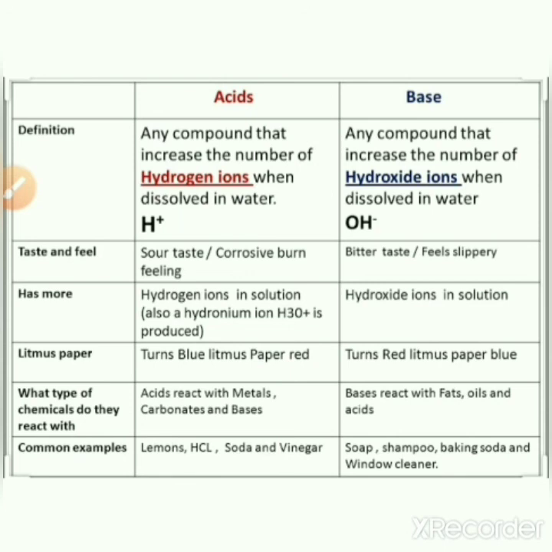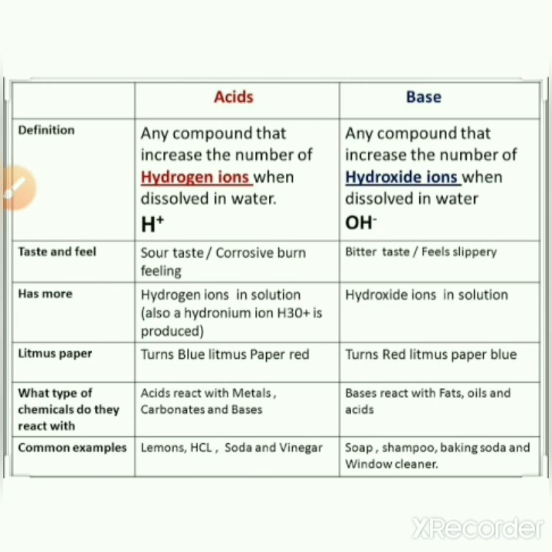Acids react with metals, carbonates and bases. Bases react with fat, oil and acids. We'll talk about the chemical properties of acids and bases in our next class. Common examples of acids are lemon, hydrochloric acid, soda, vinegar. Bases are soap, shampoo, baking soda, window cleaner.